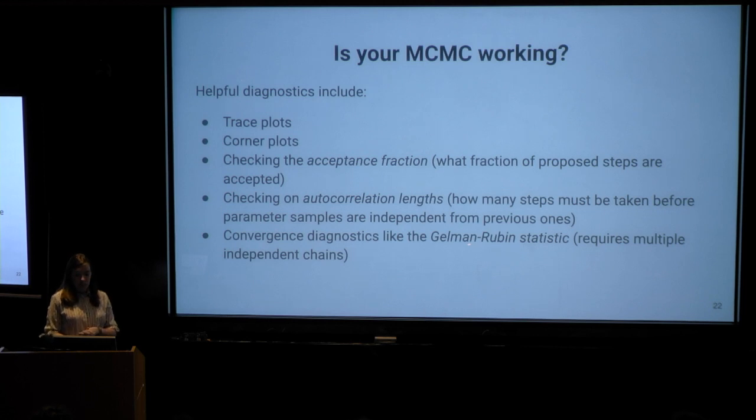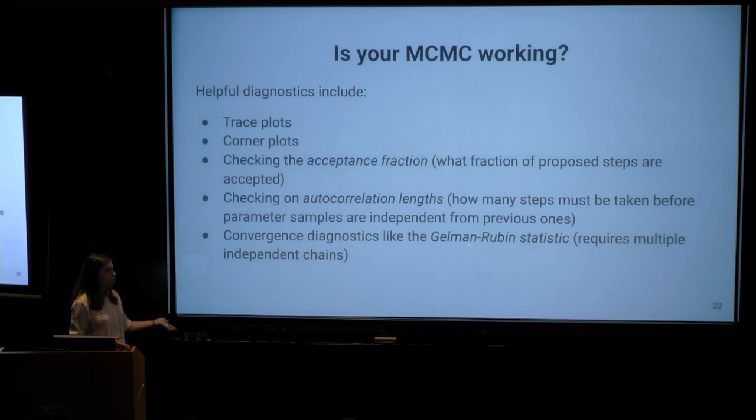Finally, just a quick overview of things that you might want to look at to figure out whether or not your MCMC is running well. So we talked about the trace plot, which is just looking at what the value of something is at each step, and if it's getting stuck places or if it's wandering off places, that can be a good diagnostic.